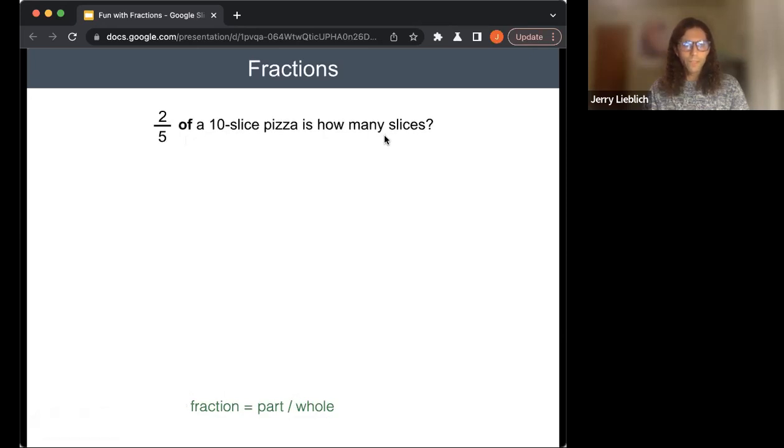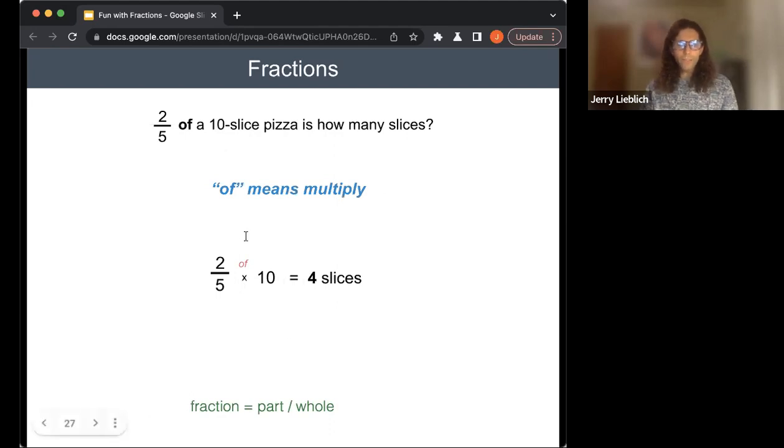Okay. Well, of means multiply. So I can say 2/5 of a 10-slice pizza, 10, is my equal sign. How many slices? 2/5 of 10 is 4.